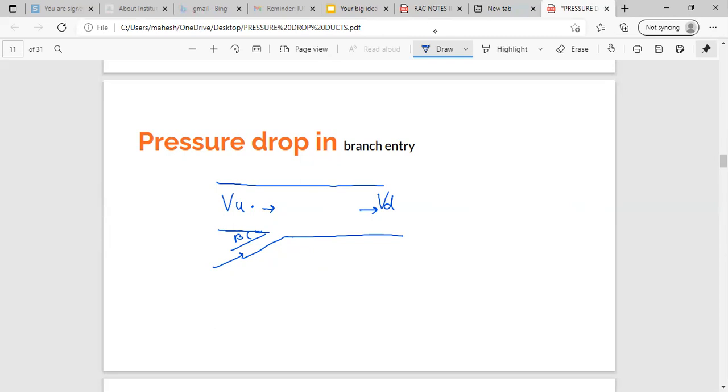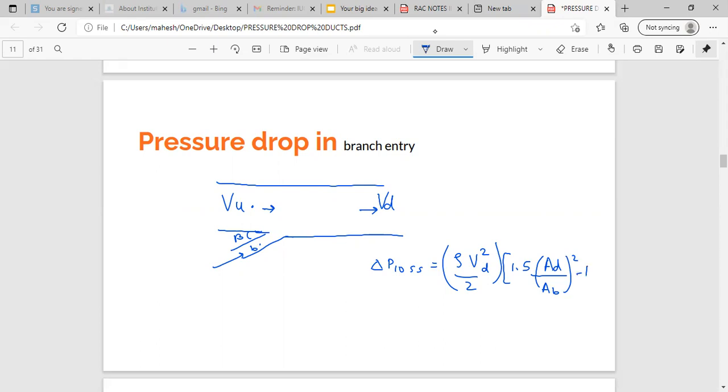Let us say this is some point here. You need to calculate the pressure drop in the branch entry. So how do we calculate that? Again, there is a relation in terms of velocity head, rho Vd square upon 2, the usual velocity head, into 1.5 into AD upon AB square, this is B, this area, square minus 1.